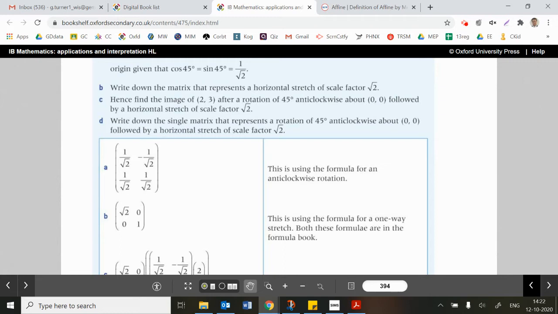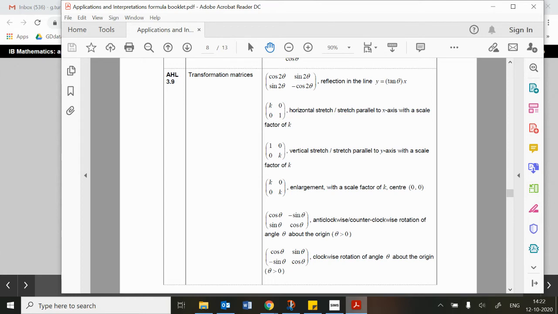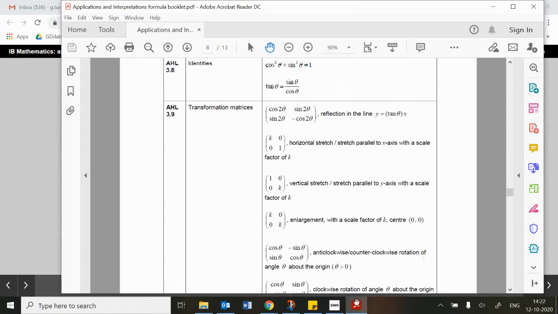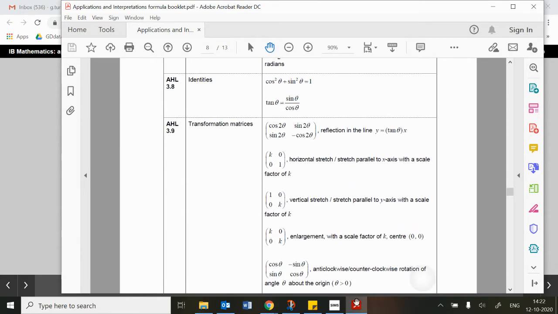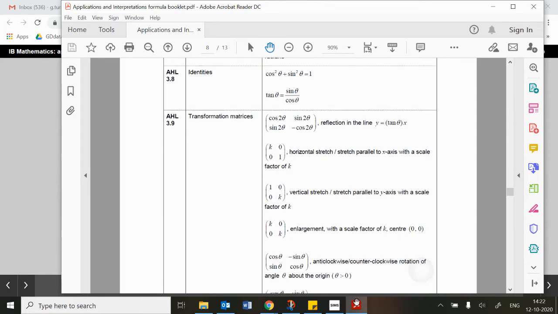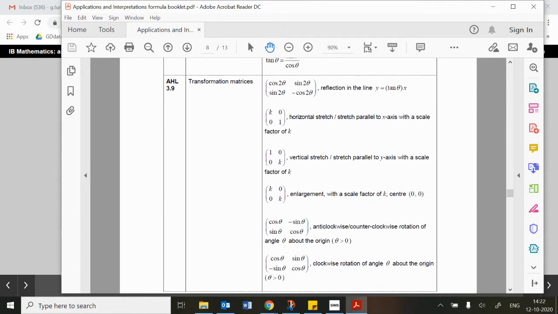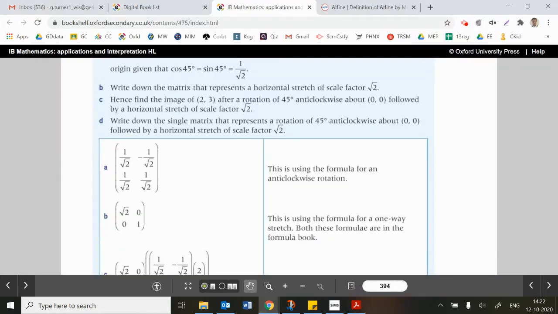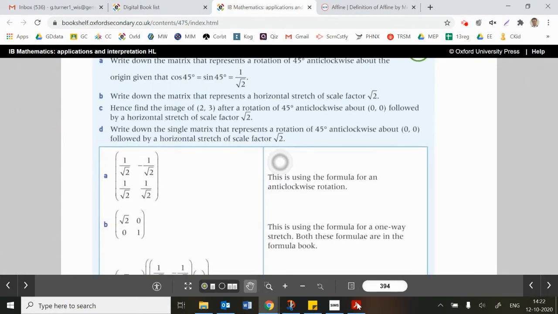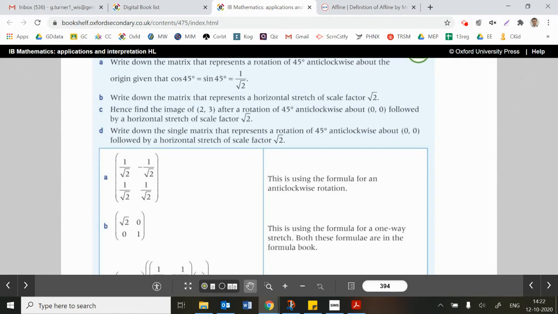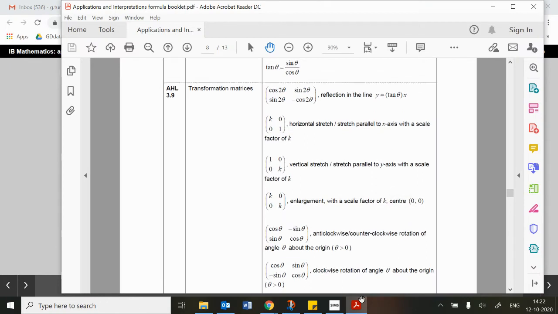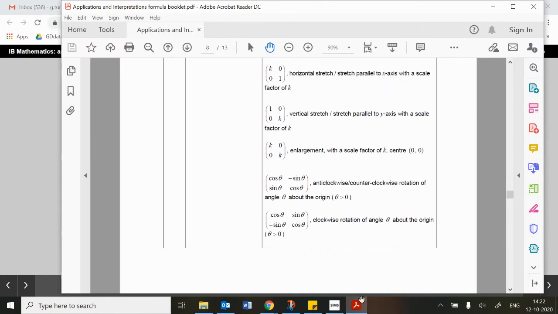The 45 degrees anti-clockwise we can take from the penultimate formula, the one you now see at the bottom, by replacing theta by 45 degrees. And the horizontal stretch of scale factor square root of 2 is the one you now see at the top, where we replace k with the square root of 2 in that matrix.